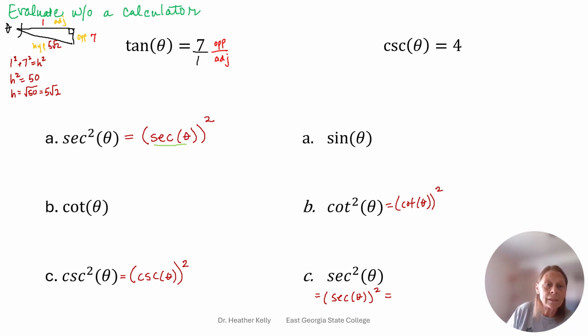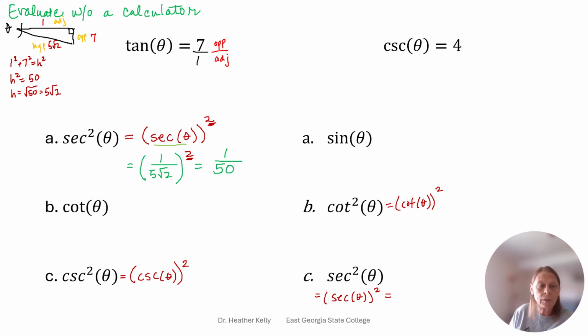So we're going to have our adjacent, which is 1, over our hypotenuse, which is 5 square roots of 2, and that whole thing is squared. And when we simplify that out, we get 1 over 25 times 2 is 50.